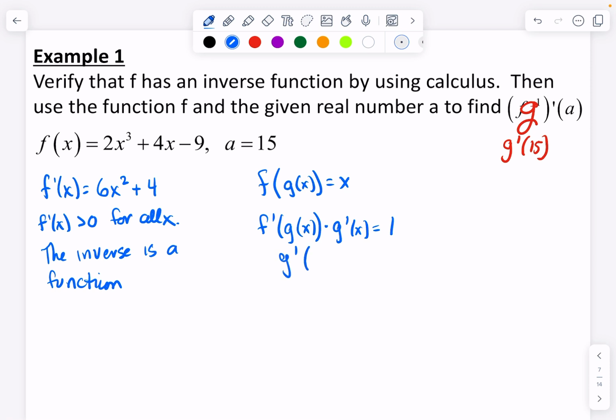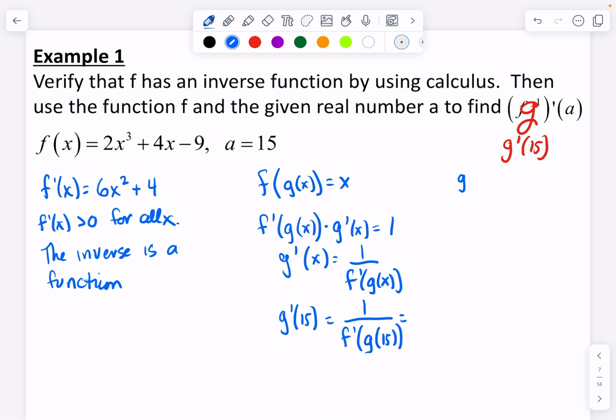So what I'm finding is g prime of 15, which is 1 over f prime of g of 15. So I have to find g of 15.